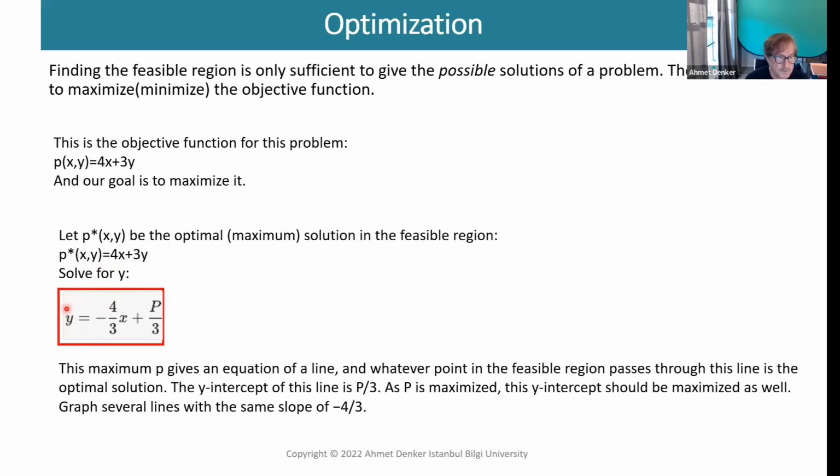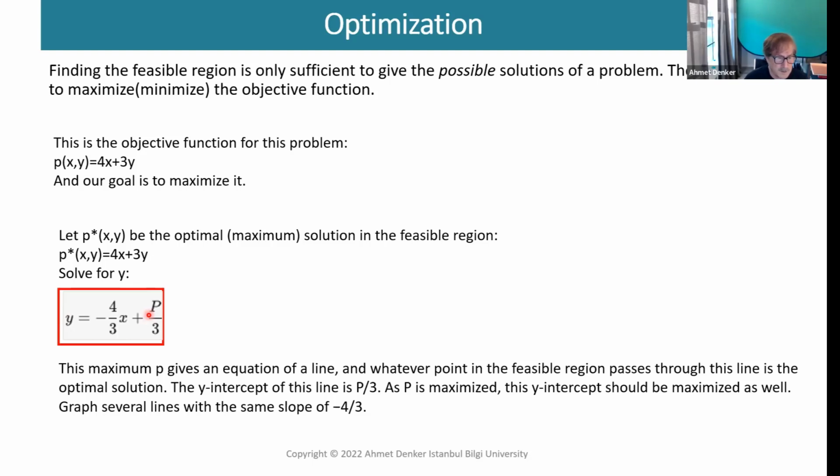So here, what happens if I want to maximize p? What happens? So this is an equation of a line, y versus x. So it's going to be a line on the xy plane.